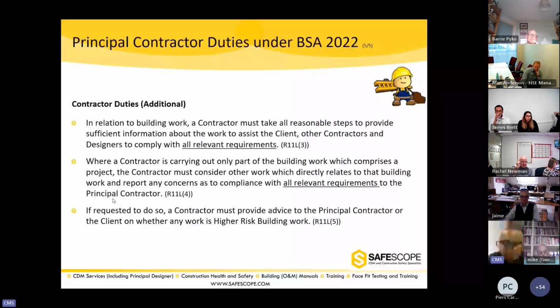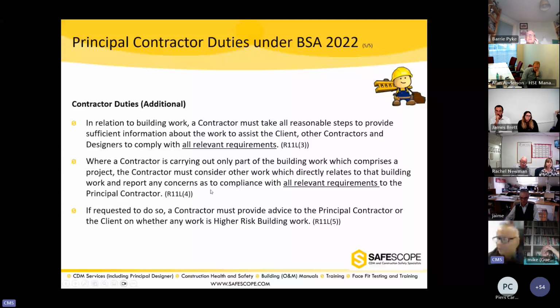So if a contractor is working and they notice the other contractors are working, but their work is not complying with the building regulations, they have a legal duty to report it. So the contractors, in a way, are grassing up on other contractors as well. My goodness me. And if requested to do so, contractor must provide advice whether their work comes under high-risk building work. Okay.